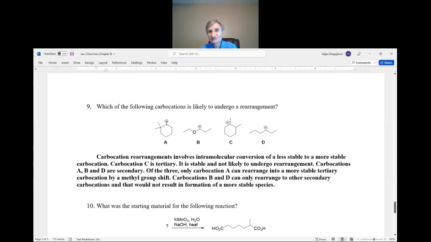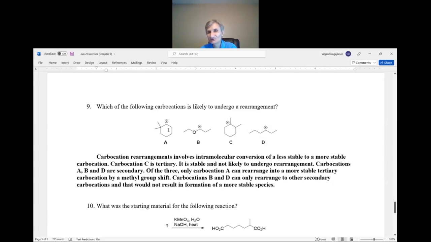This carbon is connected to 2 other carbons, so that's secondary. And if either of these 2 methyl groups shifts, that actually gives C. That's why I provide A as C. So you see, if either of these 2 methyl groups shifts to the carbocationic carbon, now there's a new carbon-carbon bond. And the carbon that this methyl group left is now a carbocation. So you see, we went from secondary to tertiary.